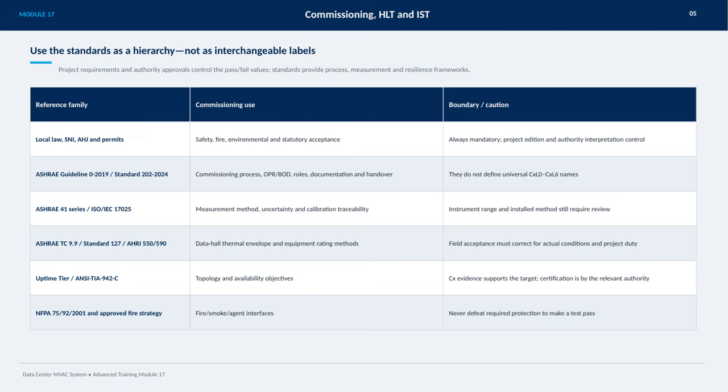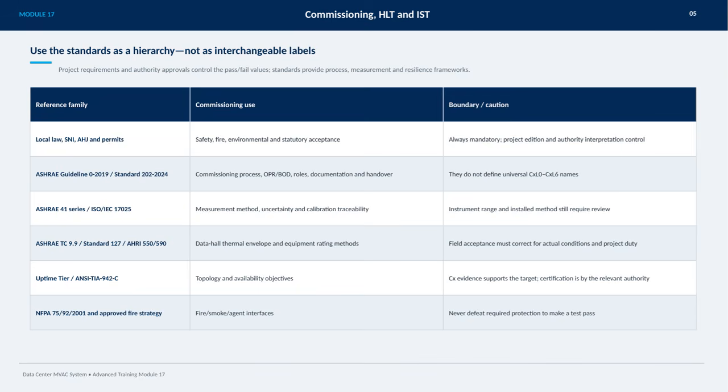Measurement practices are governed by standards such as ASHRAE's 41 series and ISO/IEC 17025, which focus on calibration, uncertainty, and traceability of measurements. However, you still need to carefully review instrument range and the method of installation to ensure accuracy. For data halls and equipment ratings, standards like ASHRAE TC 9.9, Standard 127, and AHRI 550/590 provide guidance, but field acceptance testing must be adjusted to actual operating conditions and the specific project duty.